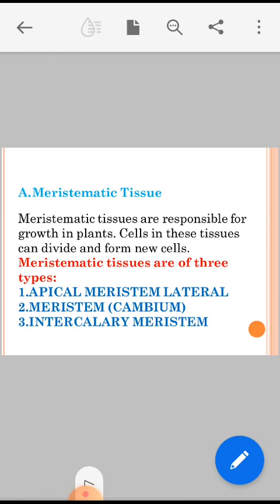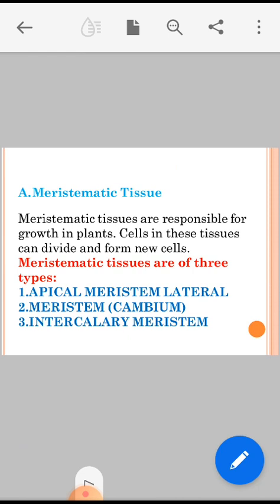Now, as we said before, meristematic tissues are of three types. The first one is apical meristem, the second one is lateral meristem or cambium, and the third type of meristematic tissue is intercalary meristem.